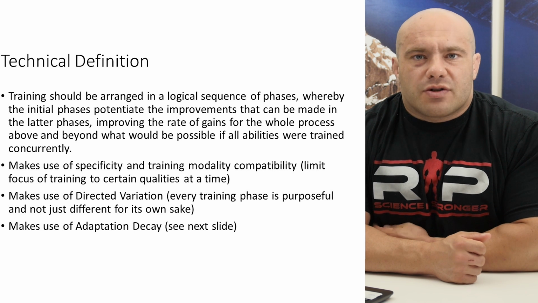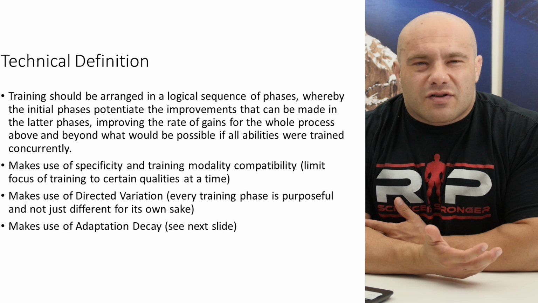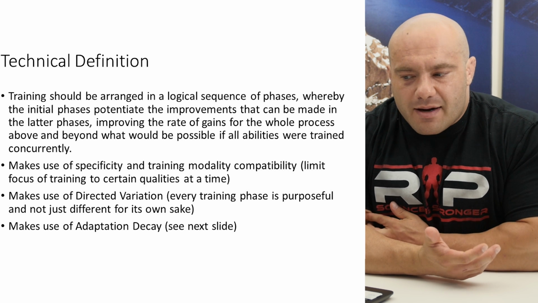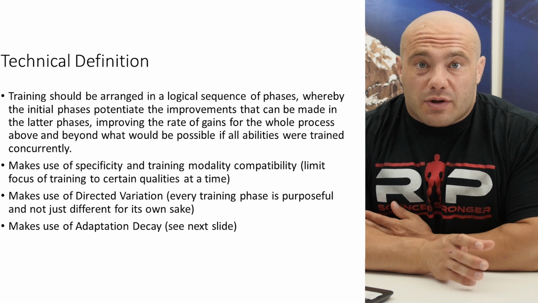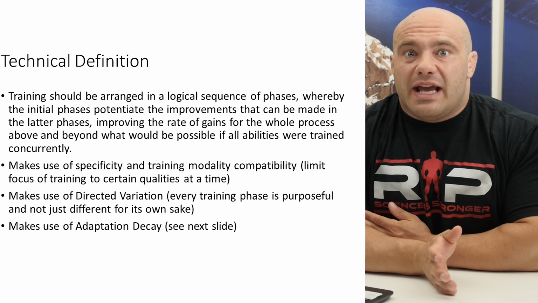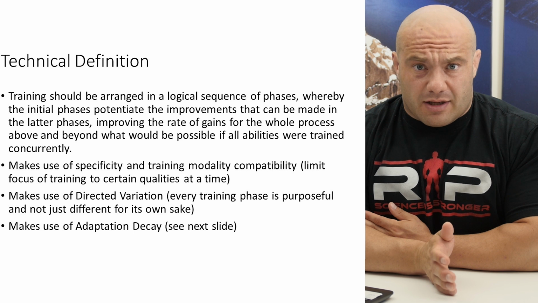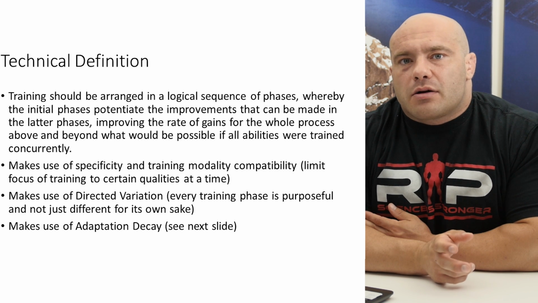So phase potentiation makes use of a couple of really obvious training principles early. It makes use of specificity and training modality compatibility because we're saying, look, the best way to establish a fitness quality is kind of by itself, and then later we're going to stack stuff on top of it. To use a really easy sport example, we want big muscles so we can make them stronger.